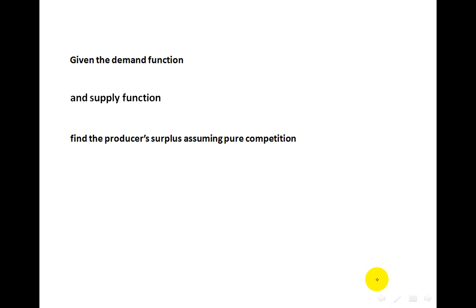Okay, let's go to the next idea. I'll give you here a question, and I want you to try to solve it by yourself, given that the demand function is P equals 50 minus 2QD, and the supply is P equals 10 plus 2Q, and I want you to find the producer surplus assuming pure competition.